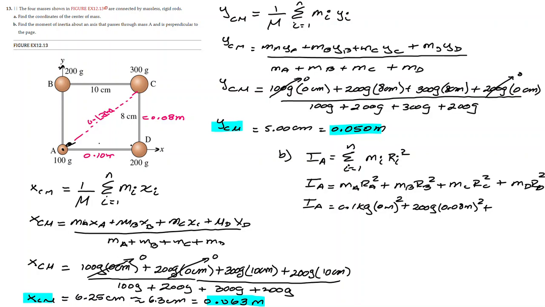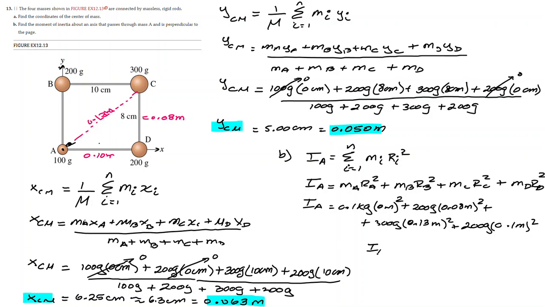Plus now mass C is 300 grams times the distance from mass C to mass A, which is 0.13 meters, so 0.13 meters square. Plus, finally, we have mass D, which is 200 grams, and the distance from mass D to mass A is 0.1 meter, so we say times 0.1 meter square.